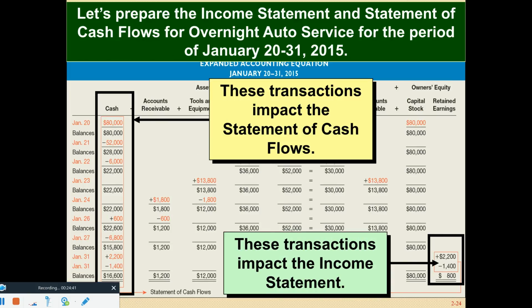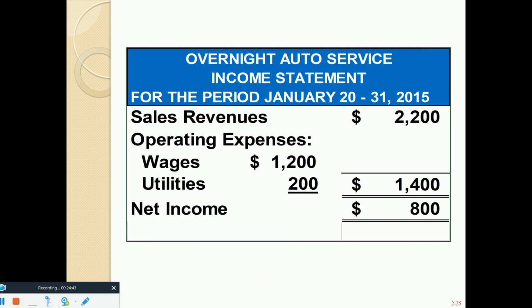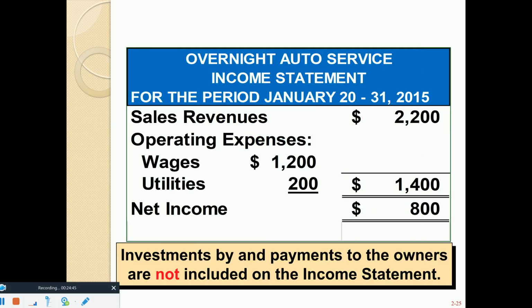Okay, now here is the income statement. And like I said, the income statement is not a snapshot like the balance sheet, but it is for a period of time. It's got a begin date and it's got an ending date. Because this is a brand new company that was incorporated on January 20th, we can see that the income statement is for the period January 20th to the 31st.